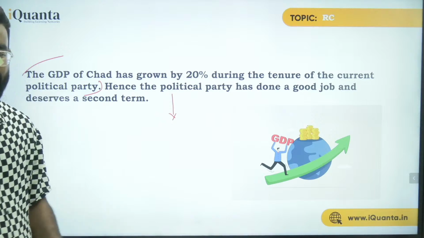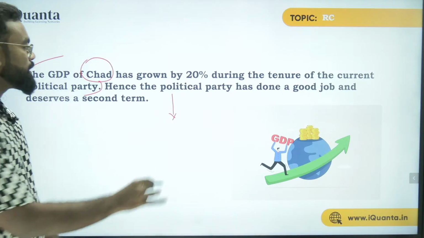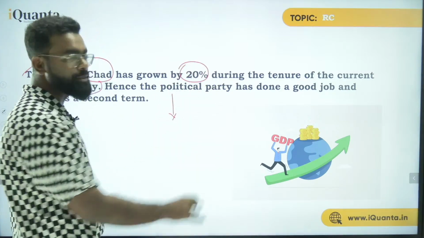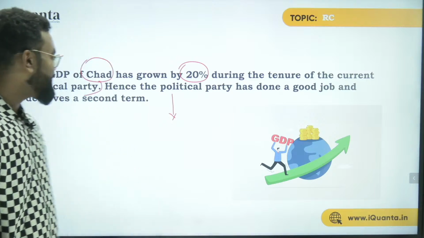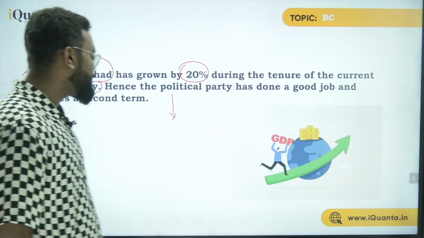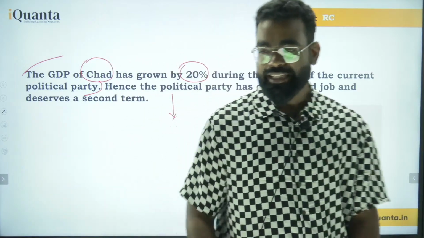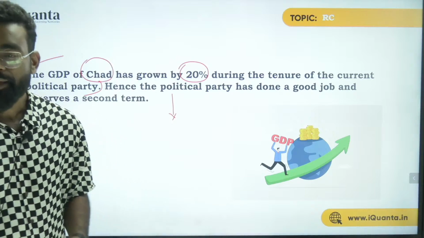Now let me make you understand. Chad is basically a country in Africa. GDP is gross domestic product. So I have said Chad has grown 20% during the tenure of the current political party. That is my statement, that is my premise. So what is my conclusion?